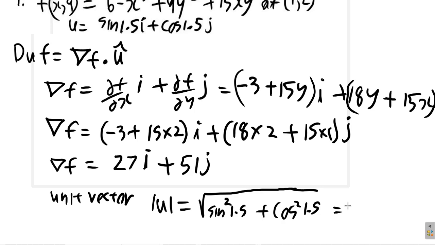But you remember the trigonometric identity that says sine squared theta plus cos squared theta equals 1, right? In this case, theta is 1.5, but it doesn't matter what it is. It will always give you 1. So the unit vector is 1. So this which we have up here happens to be the unit vector itself, right?